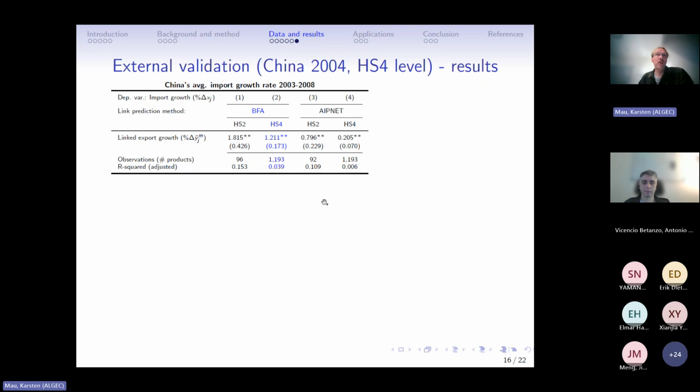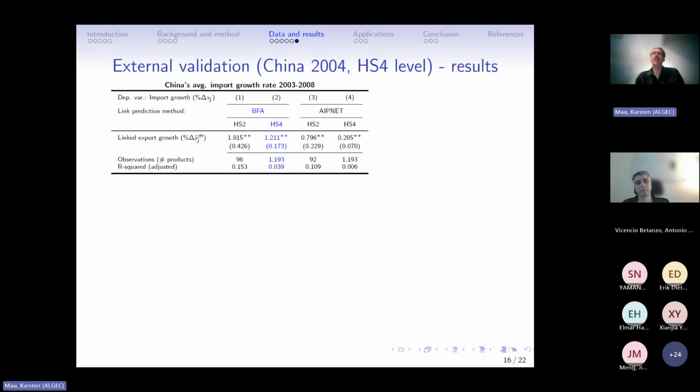When we look at the R-squared, if you want to attribute some meaning to it, you could argue that our backward-forward algorithm has a slightly better fit than IPNet. This can also be due to the fact that we capture different goods that are not necessarily inputs, but are part of production processes or of economies of scope of the firms and so on.